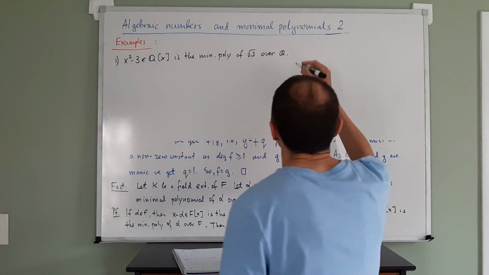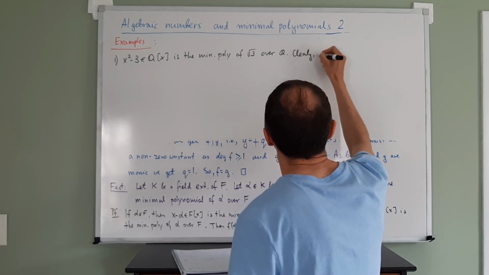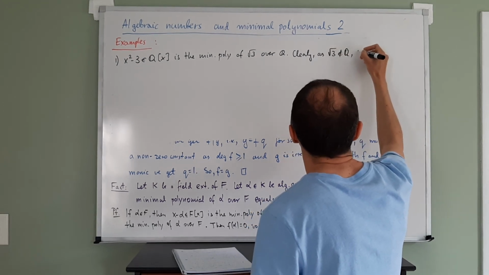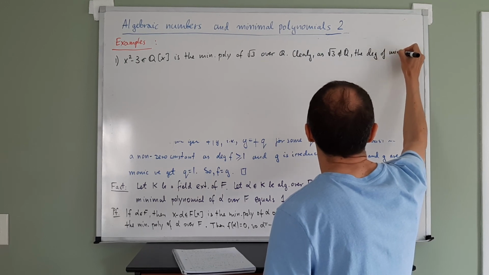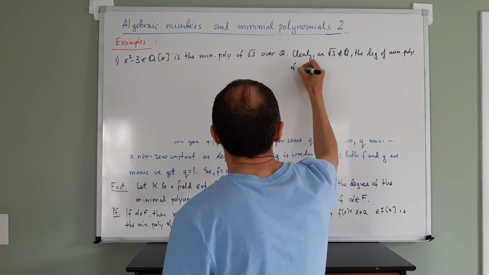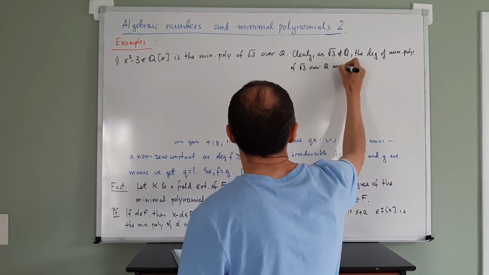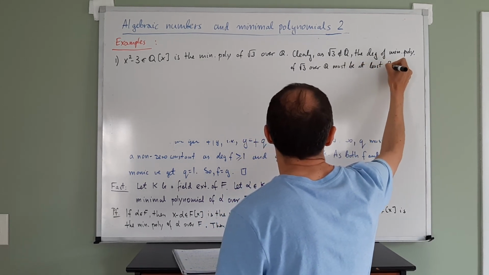So clearly, as radical 3 is not in Q, the degree of the minimal polynomial of radical 3 over Q must be at least 2.